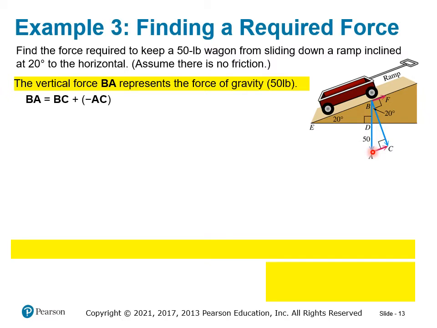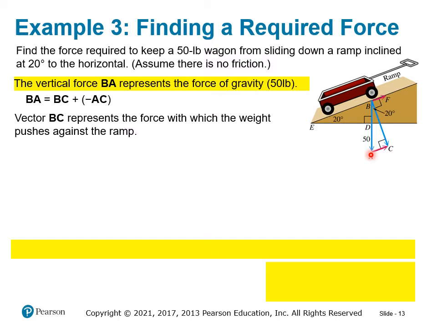We can see that from what we've just learned, BA is equivalent to BC plus negative AC. That's just what we've learned about vectors and resultants. Vector BC represents the force with which the weight pushes against the ramp.